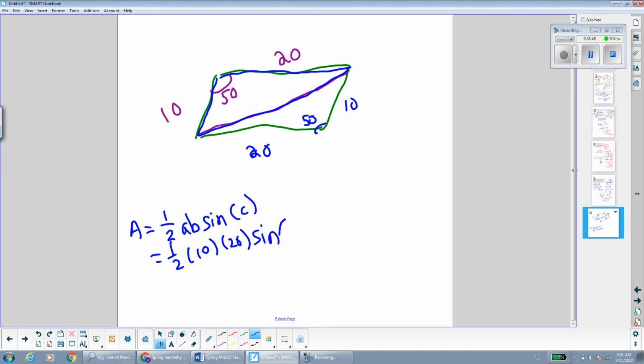And I would see what this is. Since this triangle is exactly the same, I could just multiply our area for one triangle by 2. Or you could repeat the process and find the area again for the other triangle, and it's going to be the same because they're congruent triangles. And then you can add the two areas together. So I just wanted to throw that out there so that you guys keep that in mind.